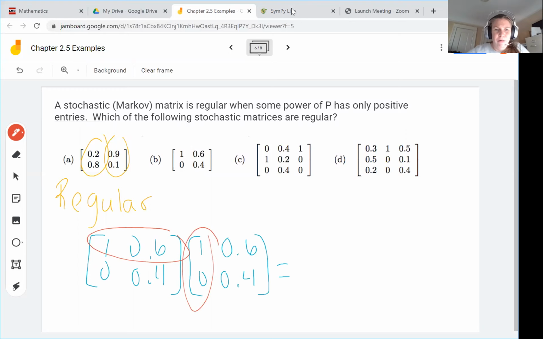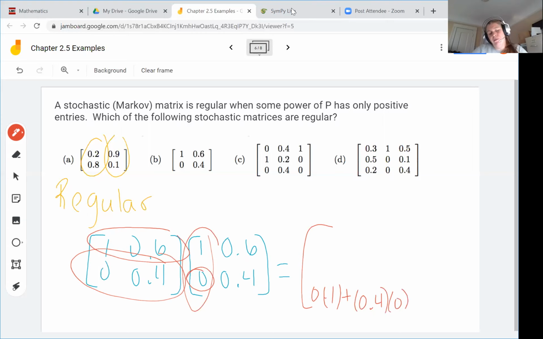So the 0 down here in row 2, column 1 is always going to give you a 0 added when you do the first entry, but then when you multiply the second row times the first column, you're going to have 0 times 1 plus 0.4 times 0, and you're going to end up with a 0 again.